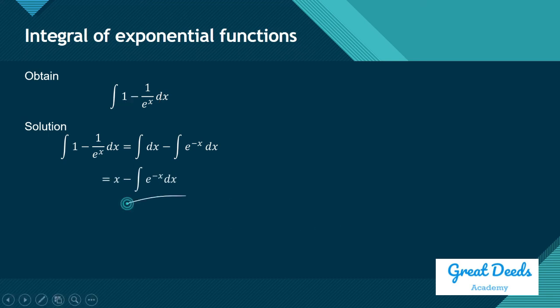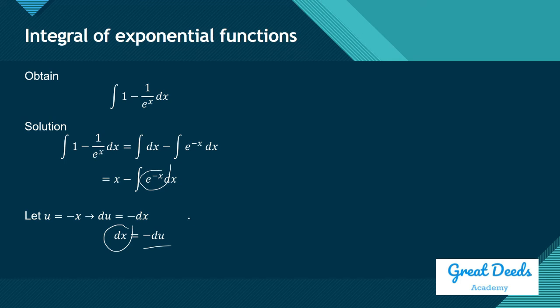Now, what is the integral of e to the negative x dx? Well, we can do again the substitution. Let u be equal to negative x. Du is equal to negative dx. So we will replace dx by negative du, and we will replace this by e to the u.